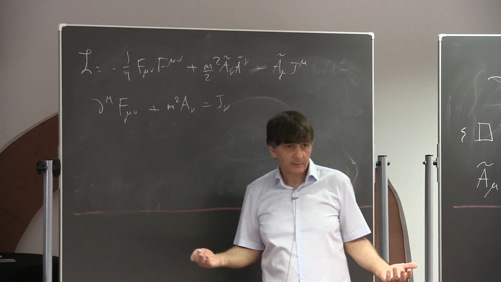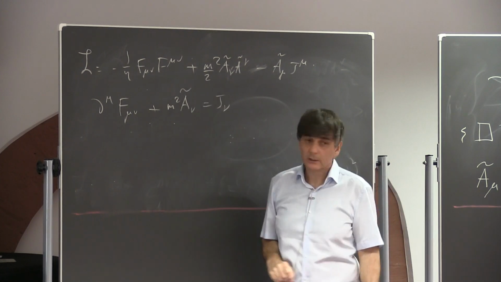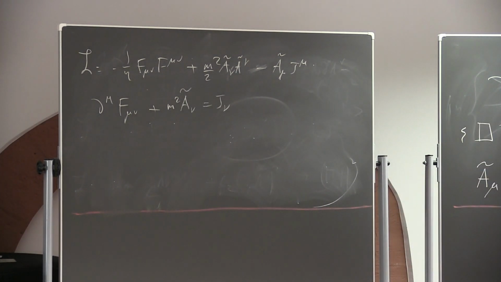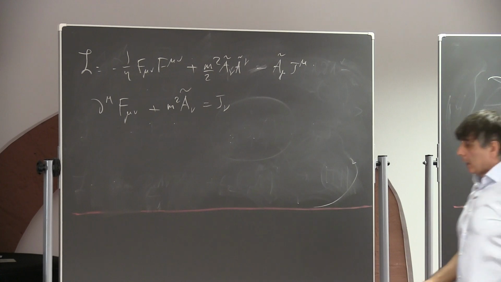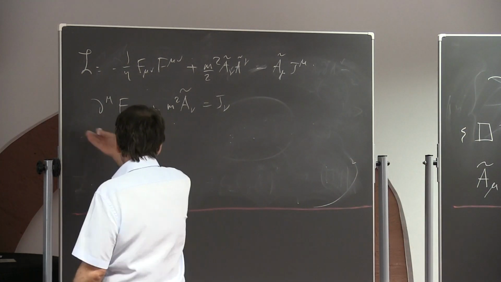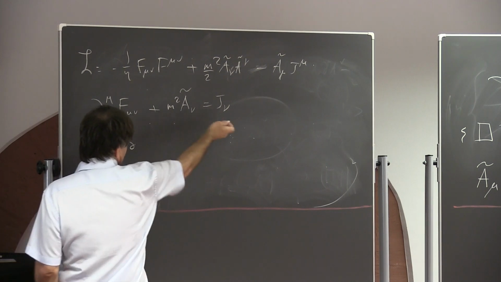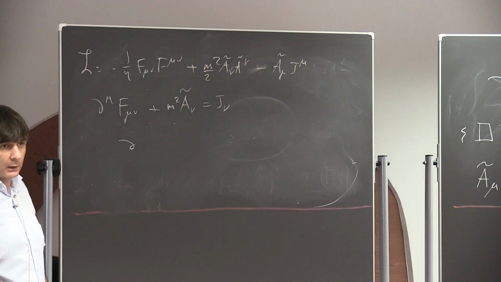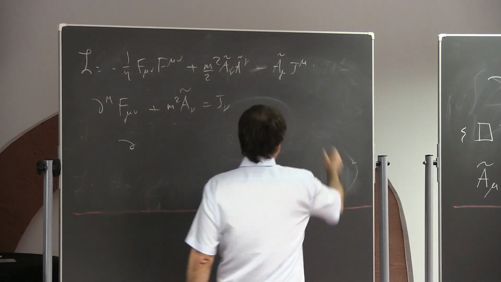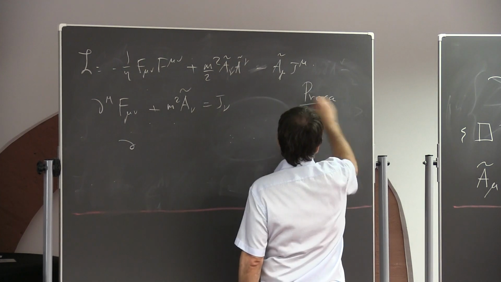Now let's investigate this theory. Let's see how many degrees of freedom it propagates. We take the divergence and we get, by the way, this Lagrangian is the so-called Proca version of the Lagrangian.